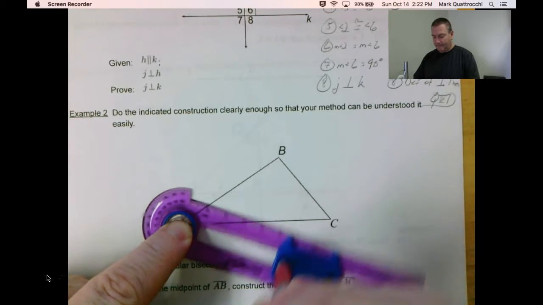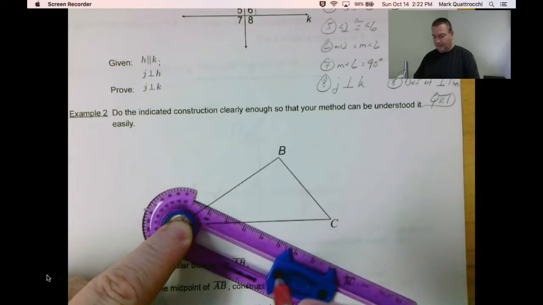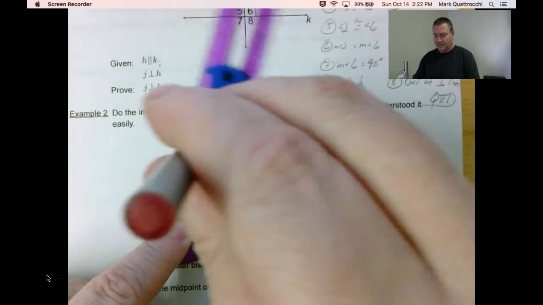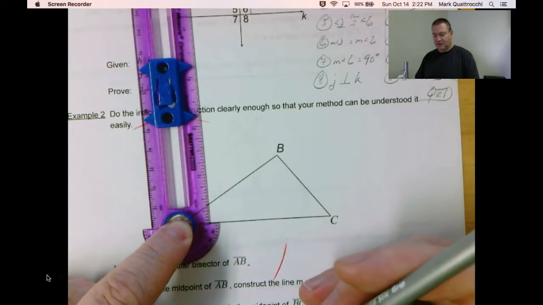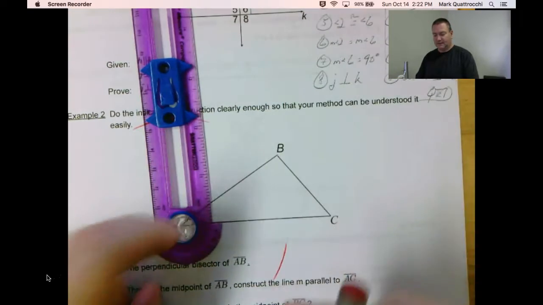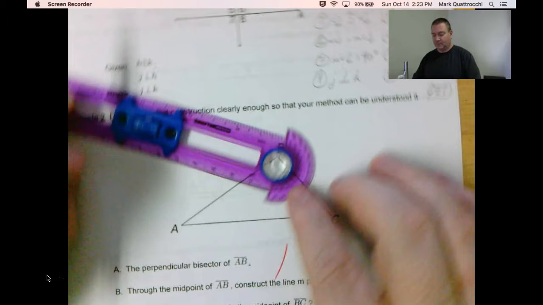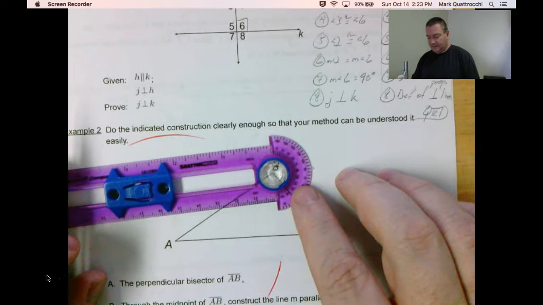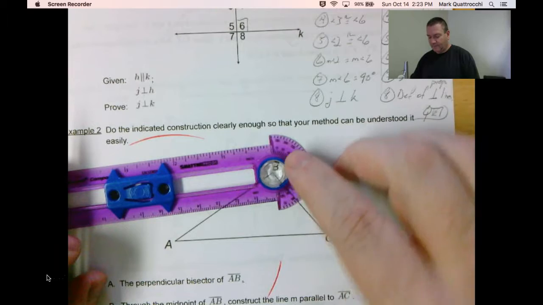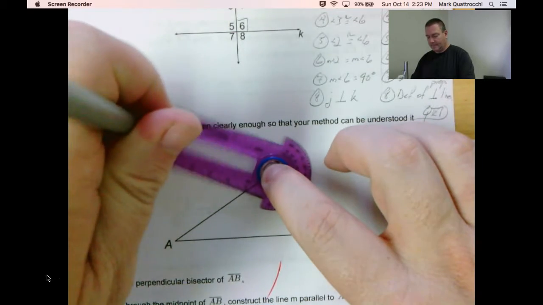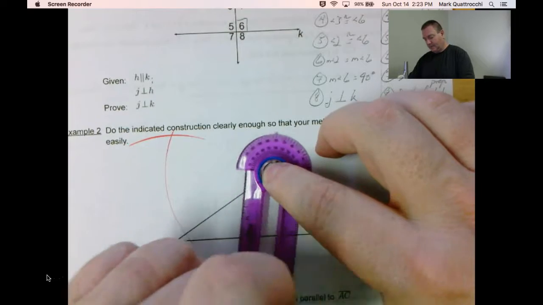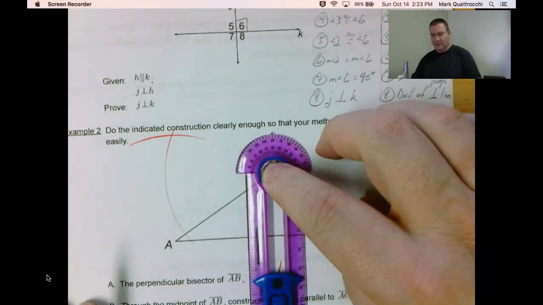I need to draw an arc back onto point A here, up here, and down here as well. Now keeping that same radius, I can't change the length of the radius, even though the radius length was random. As long as I keep the radius the same length, I move my center to point B here, and I draw my two arcs.